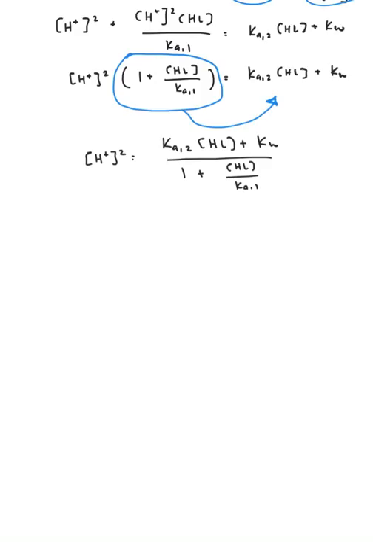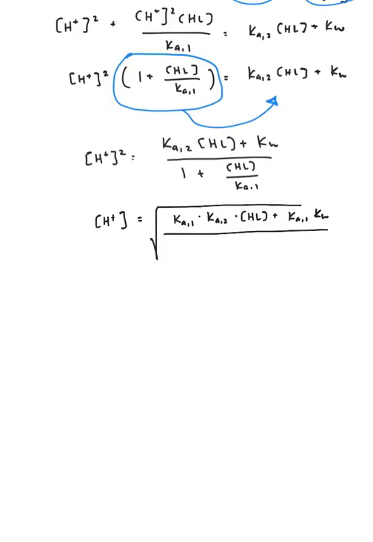So what I'll do is multiply every term on the right-hand side of this equation by Ka1. We'll get the concentration of H+ is equal to the square root of Ka1 times Ka2 times concentration of HL plus Ka1 times Kw, all divided by Ka1 plus concentration of HL. And that's all there is to it.